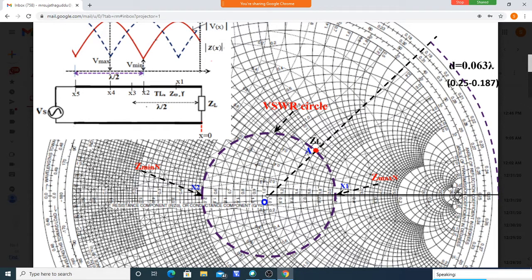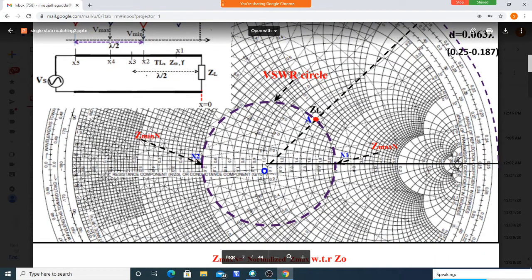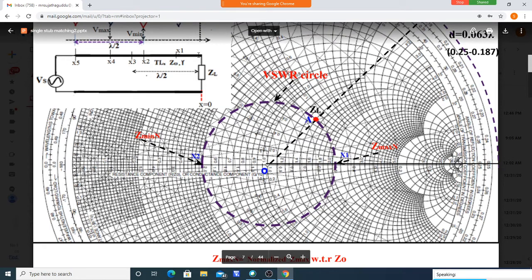Similarly, you can measure at what distance the maxima is, what the impedance at the maxima position is, and what the impedance at the minima position is. You can also measure the impedance at any point over a transmission line. For example, find the impedance at a distance of 0.1 lambda from the load.